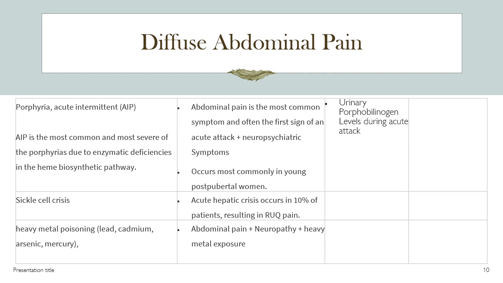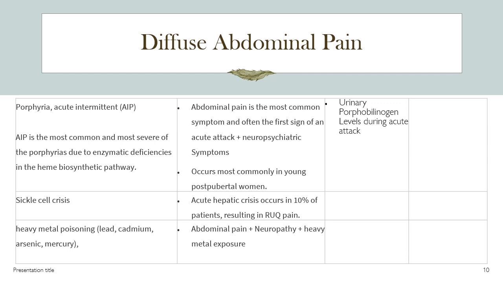He might have some agitation, some irritability, some abnormal body movements, and some changes in his memory, his behavior, his personality, and he might present to you with episodic severe abdominal pains. That patient might be a case of acute intermittent porphyria. Usually post-pubertal women are the common population where we can find acute intermittent porphyria. What will you do? You will order urinary porphobilinogen levels during acute attacks.